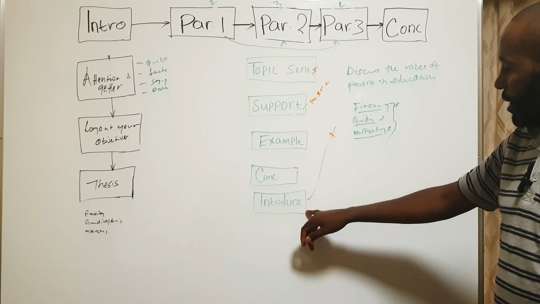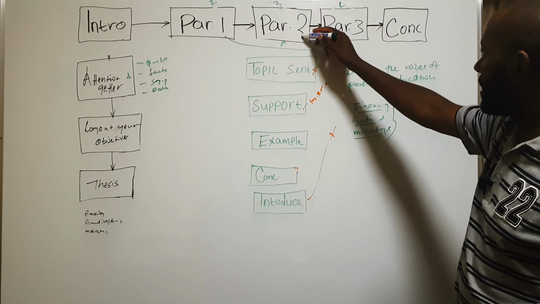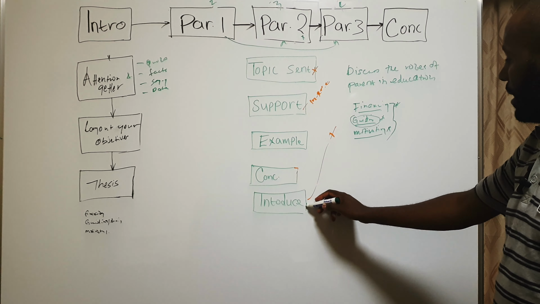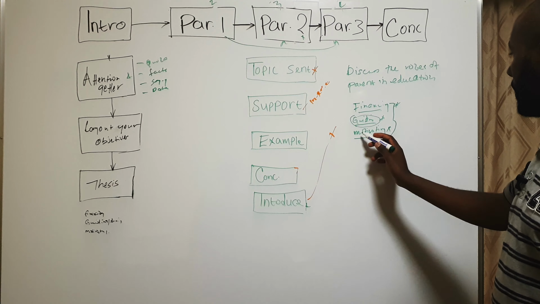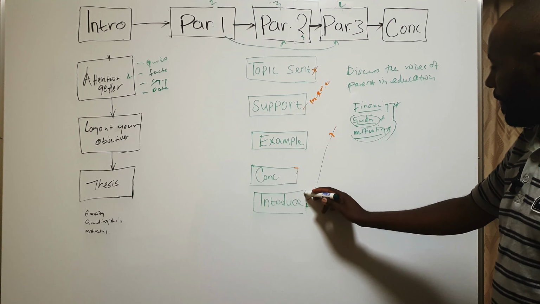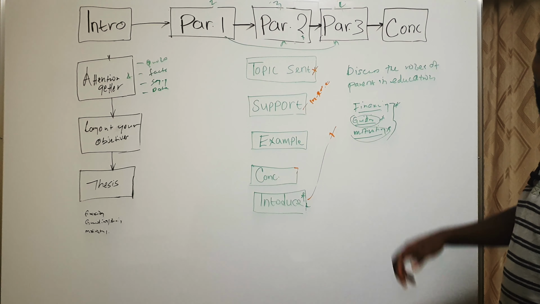And finally, you introduce the next idea that will be discussed in paragraph 2. That means you introduce this idea here. Once you're done with paragraph 2, introduce the third idea. Once you're done with the third paragraph, you don't need to introduce anything. Then from there, you go directly into the conclusion.